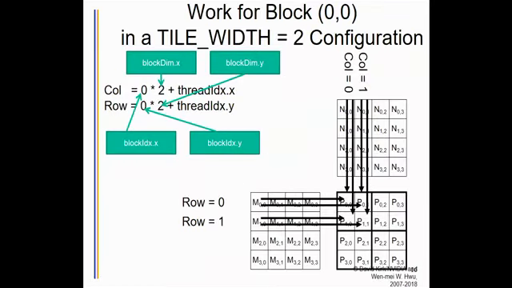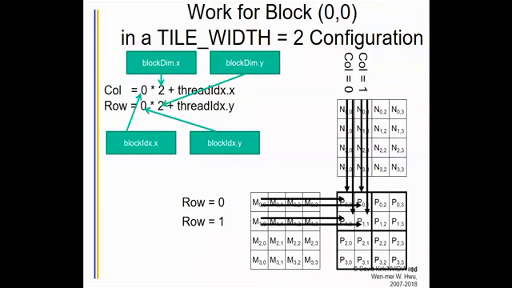So here is what you should be conceptually thinking about when you look at the piece of code. We're going to be generating a column index and a row index for every thread. That's going to be the column index and row index of the output P element that the thread is responsible for.